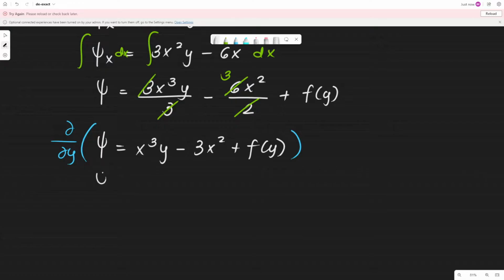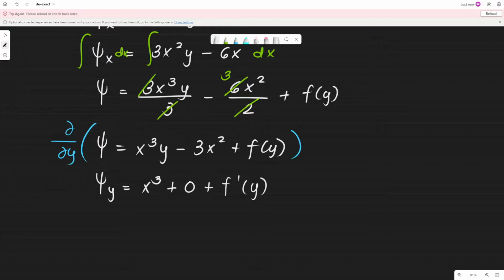So, we will have psi y is equal to x cubed. Okay? So, negative 3x squared, kapag kinuha natin yung partial derivative in respect to y, we will get 0, no? So, plus 0 plus f prime of y.